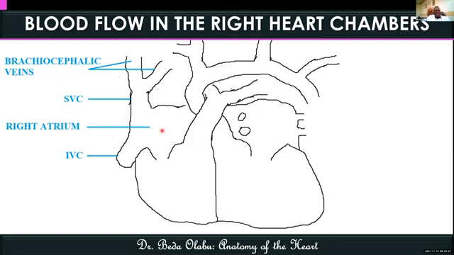The junction between the upper and lower parts of the body in this case is the thoracic diaphragm. So the region above the diaphragm drains via the SVC, and the region below the diaphragm drains via the IVC. Of course, there are two exceptions there, the heart and the lungs.